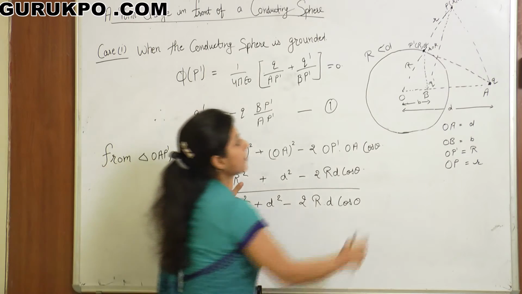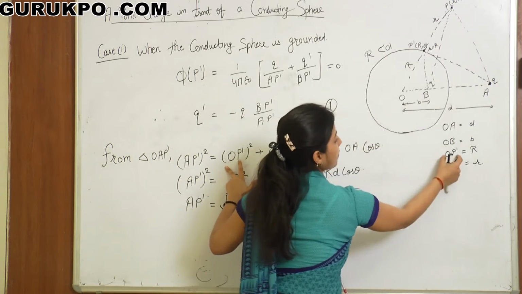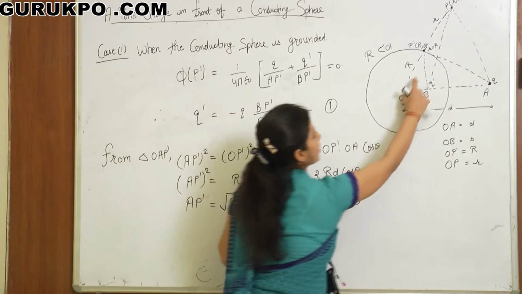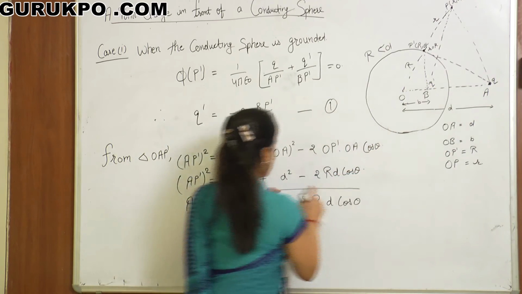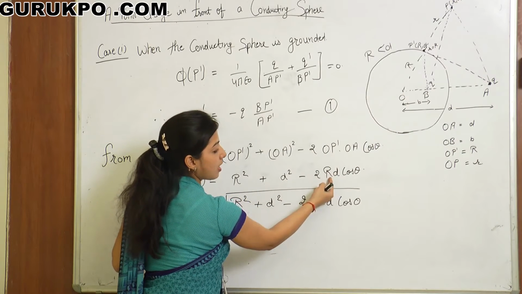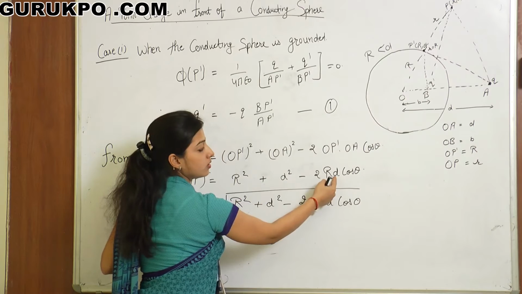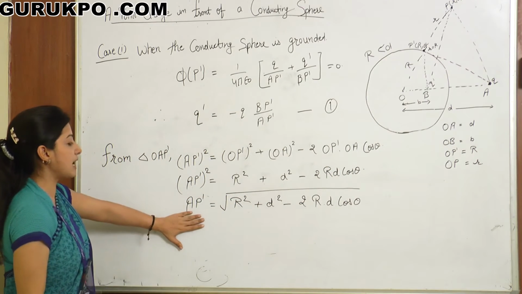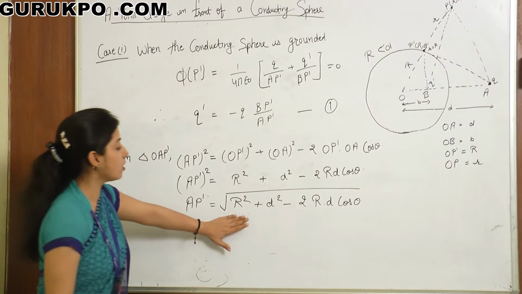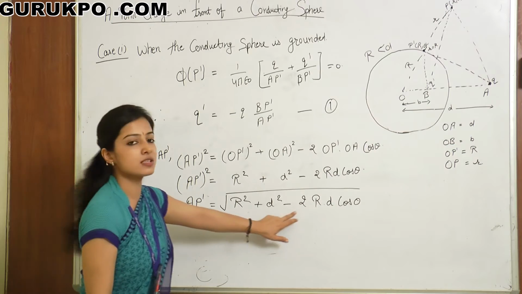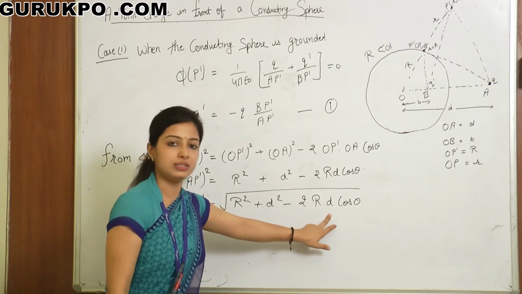We know that OP dash equals R and OA equals D, so AP dash square equals R square plus D square minus 2 R D cos theta. From this, AP dash equals the whole under root of R square plus D square minus 2 R D cos theta.